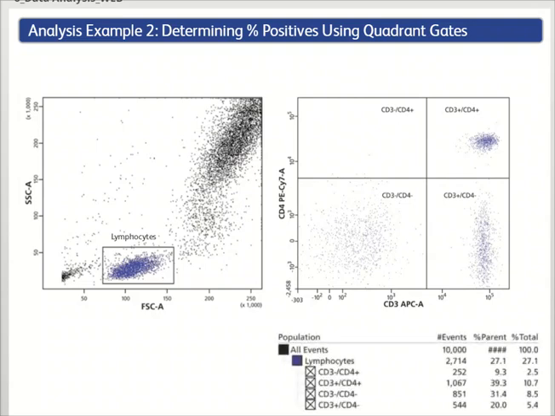The statistics displayed show the percentages of the subset populations as a percentage of the parent lymphocyte population and also as a percentage of total cells. To determine the percentage of lymphocytes that are CD3 and CD4 positive, you would view the percent parent statistic, 39.3%, for the CD3 positive, CD4 positive population.